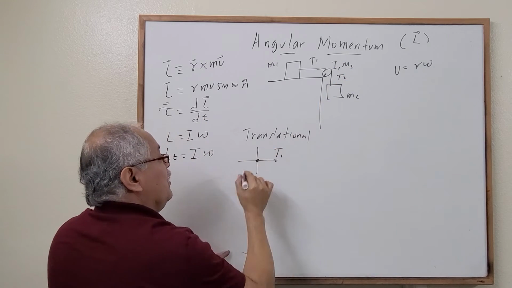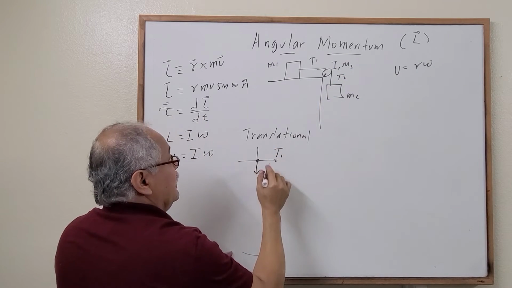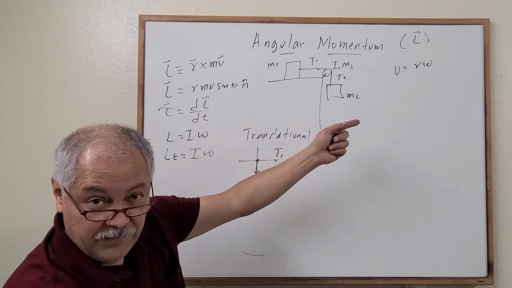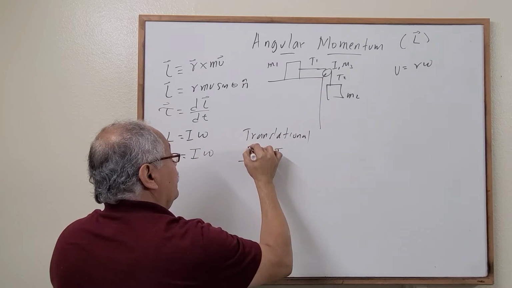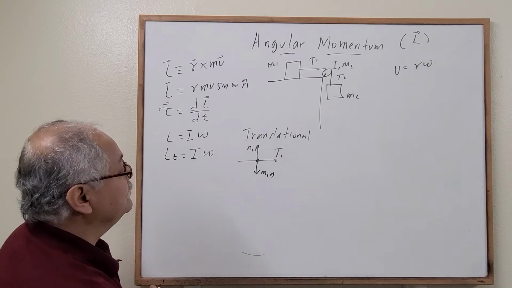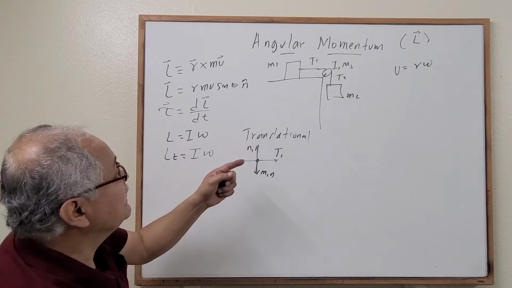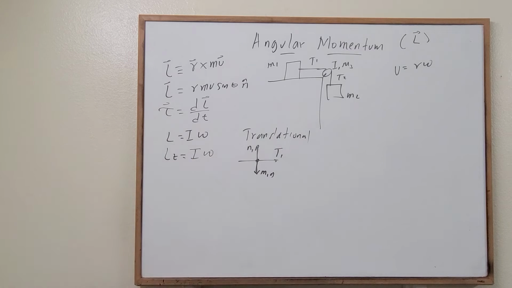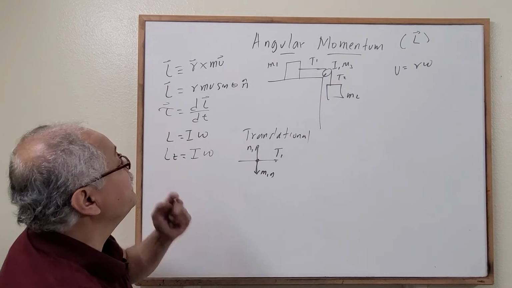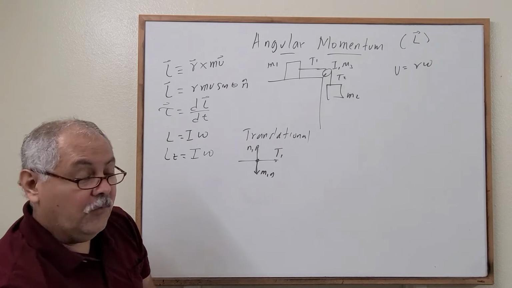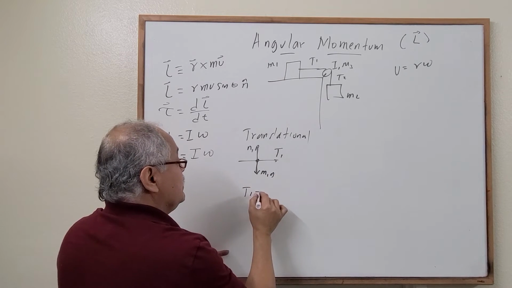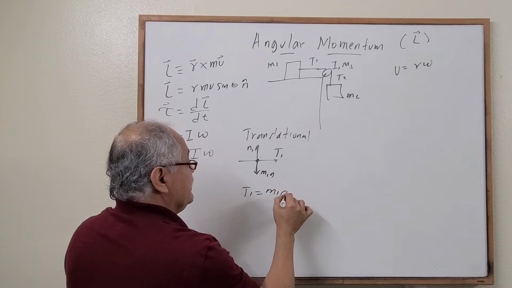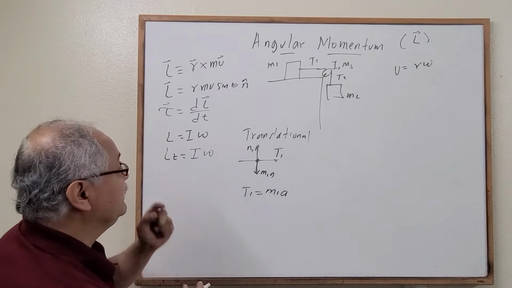Also remember, we have no friction to simplify the calculations. It's going to be M1G, and this is the normal for mass 1. So the next step again is to find the net force. In this case we have only tension, so tension 1 is equal to M1 times the acceleration.